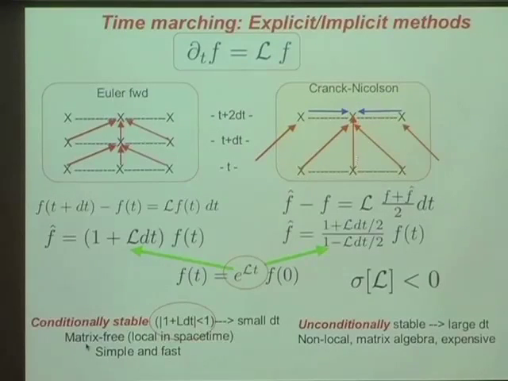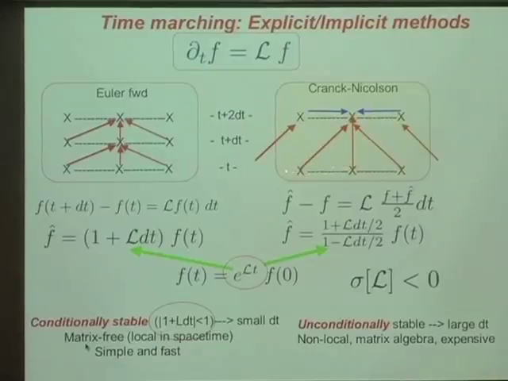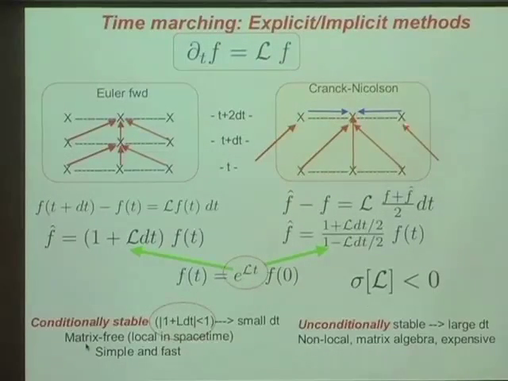In an implicit method, the value at time t plus delta t, because of this f hat, will depend not only on the values in the past, but also on the simultaneous neighbors. So here I have broken causality just to buy large time steps.